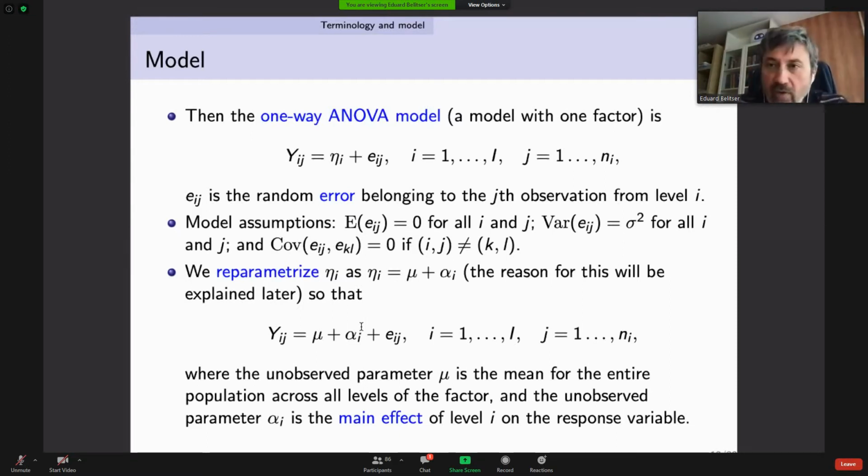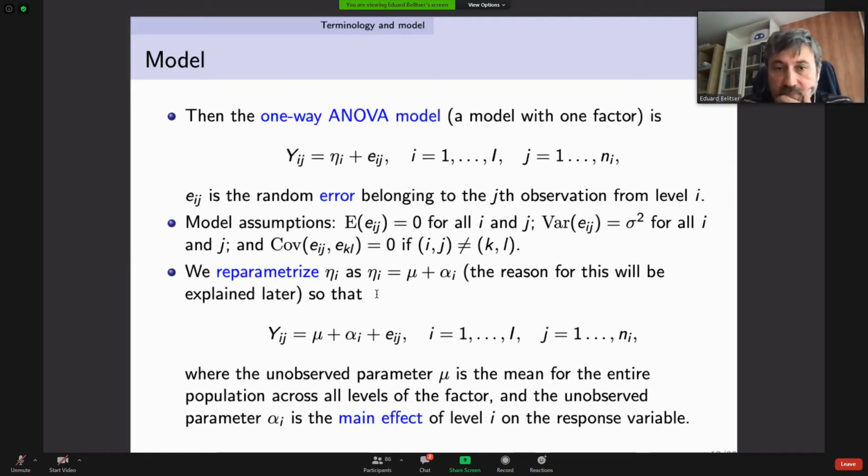In one-way ANOVA, this is kind of overkill. You don't really need to reparameterize. You can do everything without reparameterization. But we're still going to do this as a preparation for this step, which will be necessary in two-way ANOVA. There it will be crucial to reparameterize.